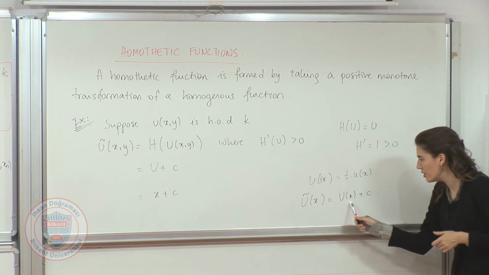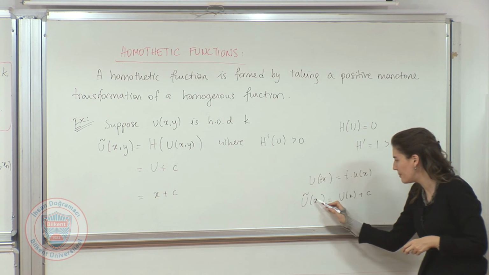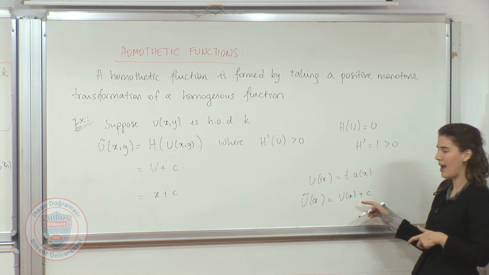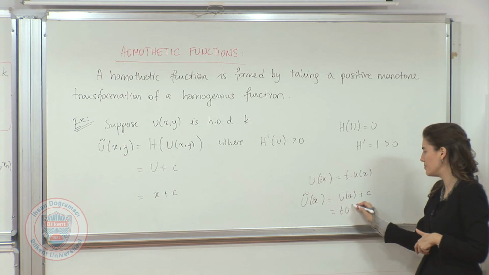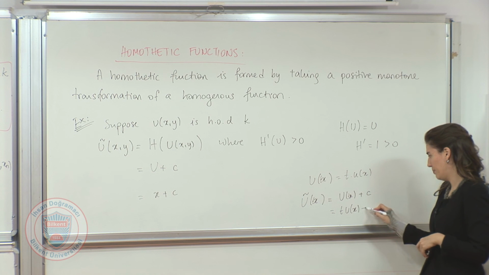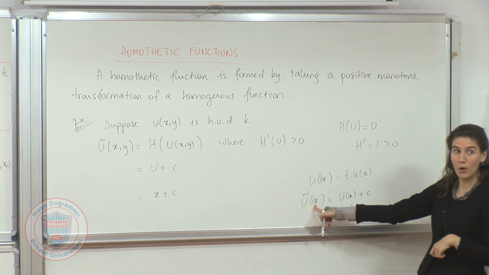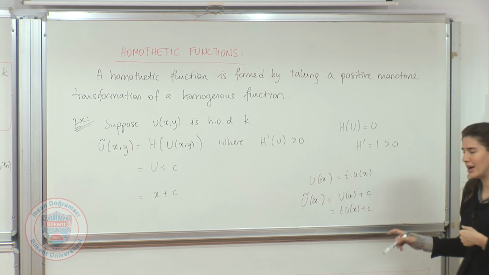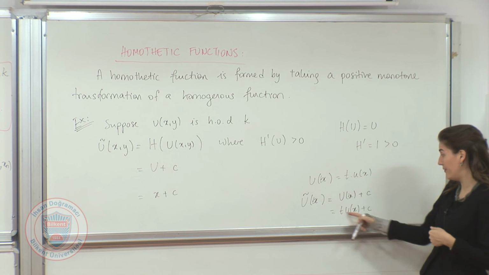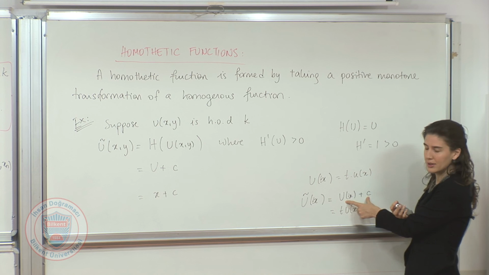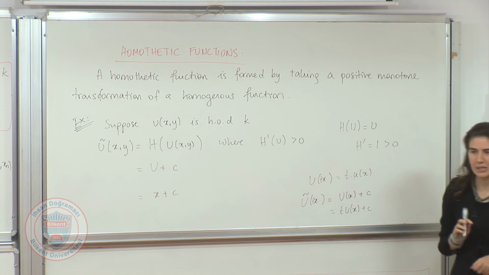So do you think it's going to be preserved here? I multiply this guy, so this is going to be tx, right? So it would be t times u of x plus c. But what I want, if this is homogeneous of degree something, right? Let's say 1. This is what I write here. I want the value of this entire function to double. But this c is going to mess up stuff, right?